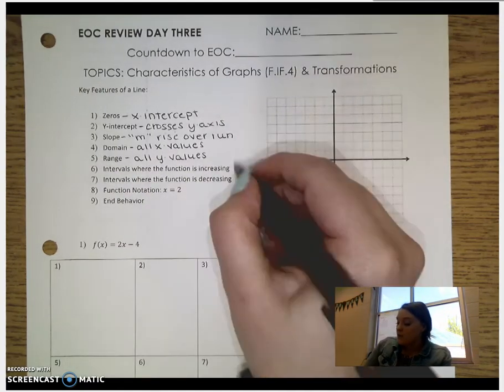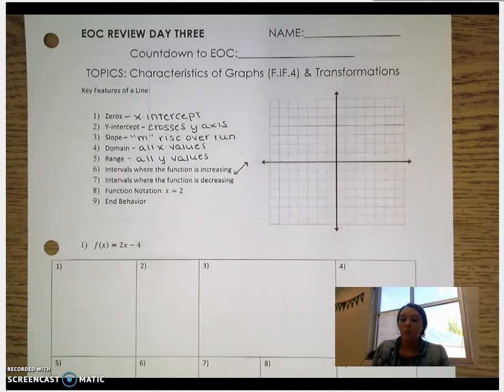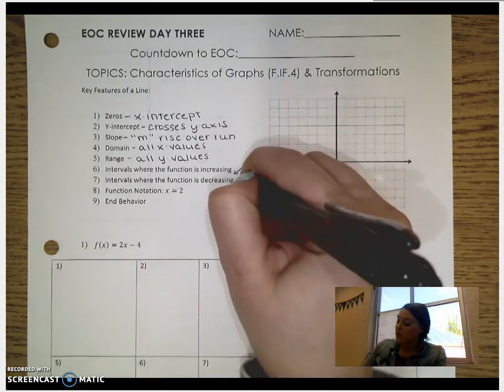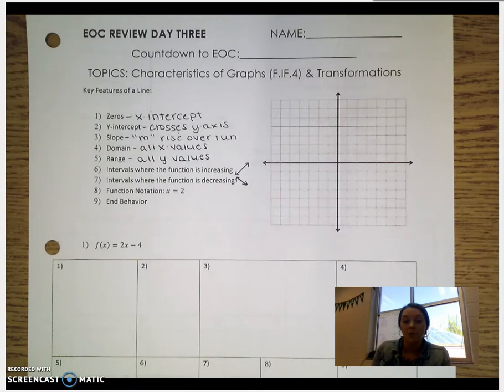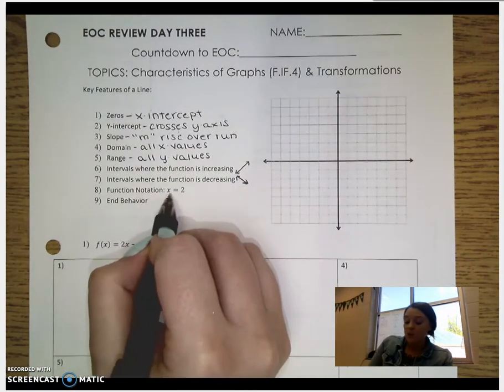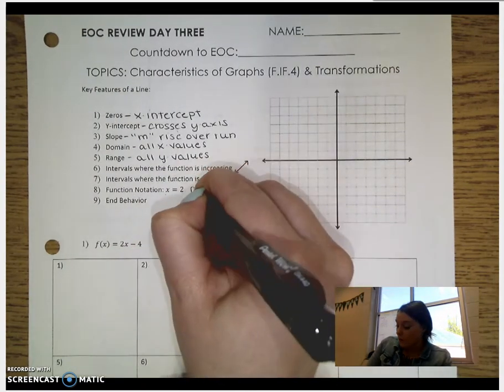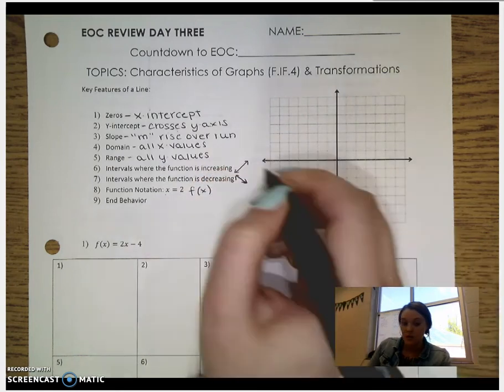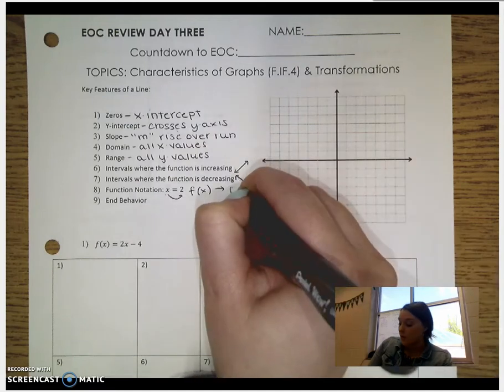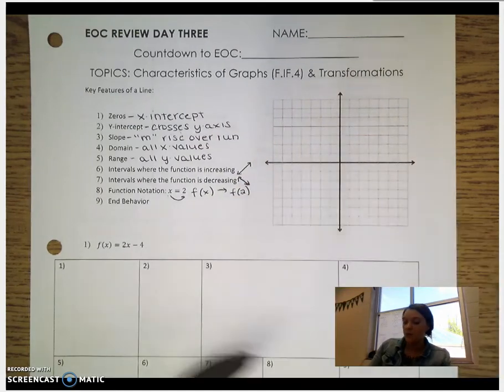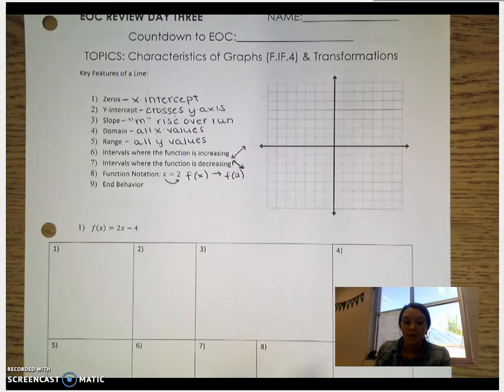Intervals where the function is increasing are going to be where they're going up. Intervals where it's decreasing is when it looks like the function is going down. Function notation when x equals 2, that would be if you had f of x, which is function notation, you would replace x with 2. So you would have f at 2, and we'll go through an example of that here in a second.